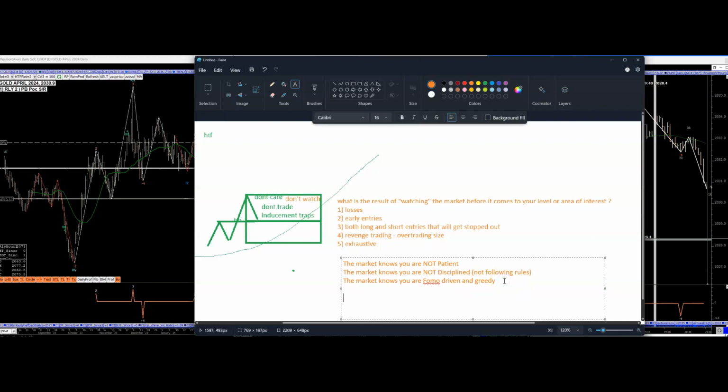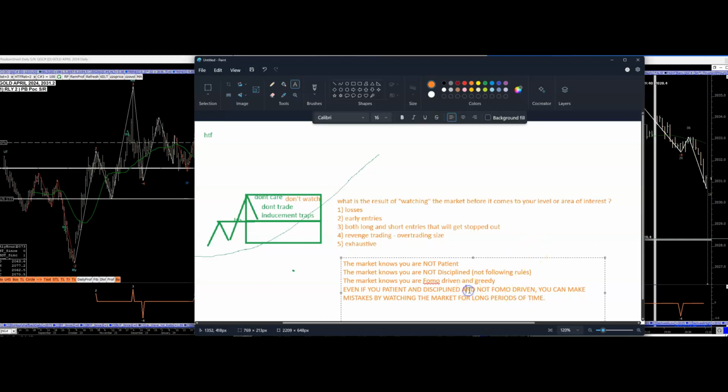And here's the thing. If you look at the market, even if you are patient and disciplined and not FOMO driven, you can make mistakes by watching the market for long periods of time.